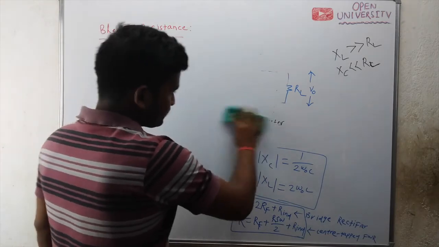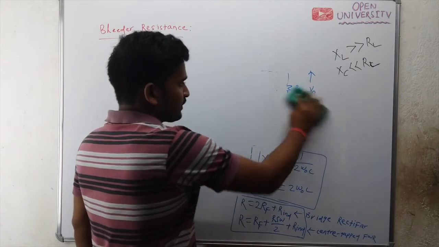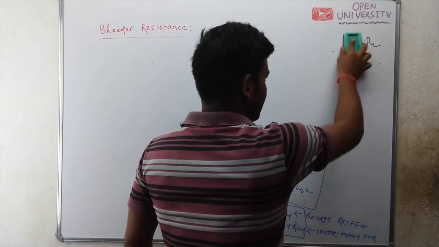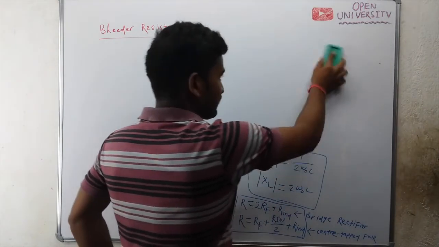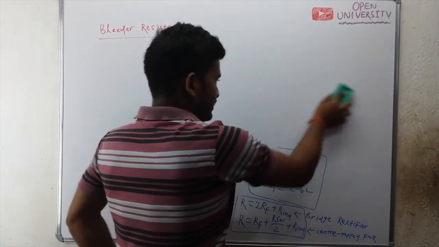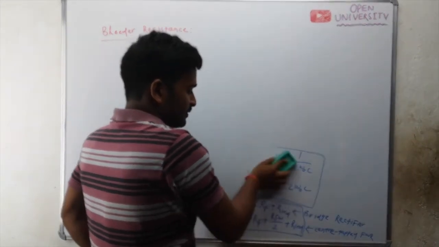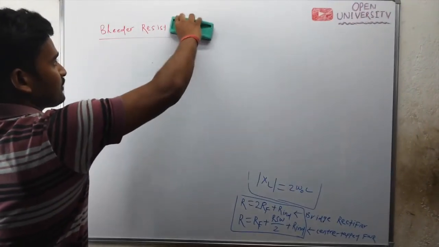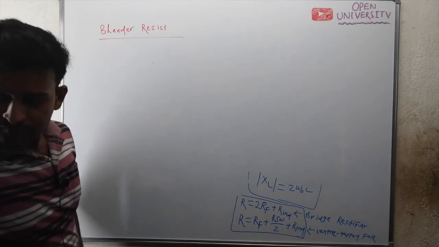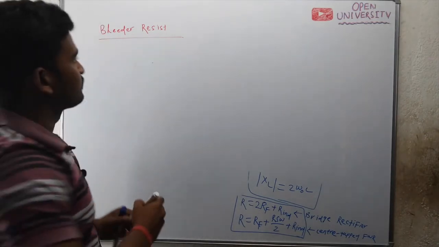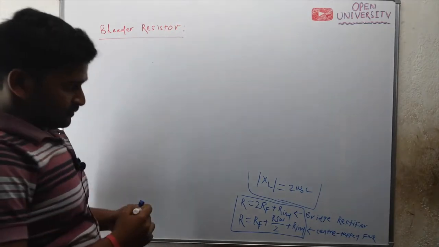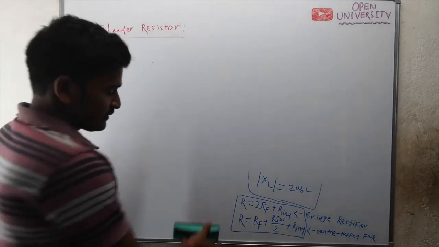Write down one point. It is a very large value of resistance. What is bleeder resistor? Not resistance, bleeder resistor.